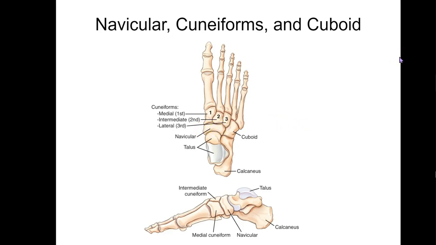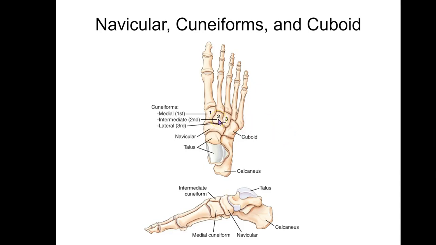Okay, so let's recap their articulations real quickly. The medial cuneiform articulates with 4 different bones: the navicular, the first and second metatarsals, and the intermediate cuneiform.